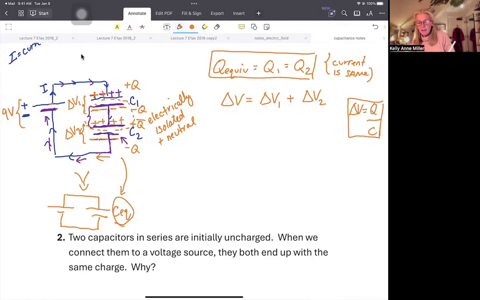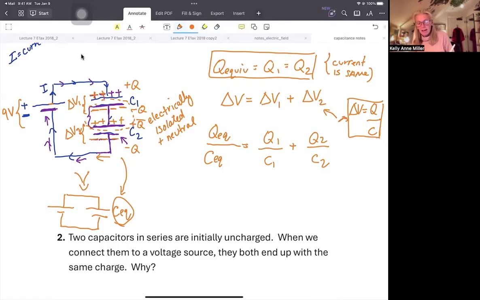And so I can write out Q equivalent divided by C equivalent, which is what I'm trying to derive here, is just equal to Q1 over C1 plus Q2 over C2. I basically just substituted this in for that.